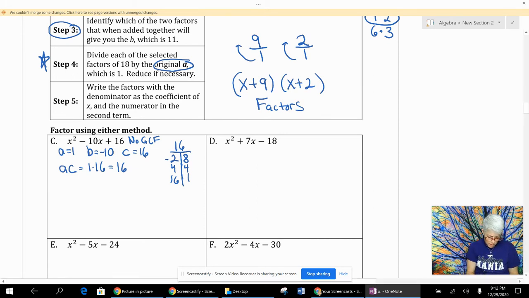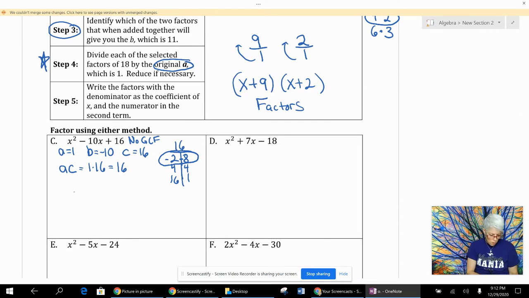I'm going to put a negative in front of the 2 and a negative in front of the 8. Is negative 2 times negative 8 equal to positive 16? Yes, it does. So those are my factors. I had to be sneaky, and sometimes you're going to be sneaky too with those negatives.